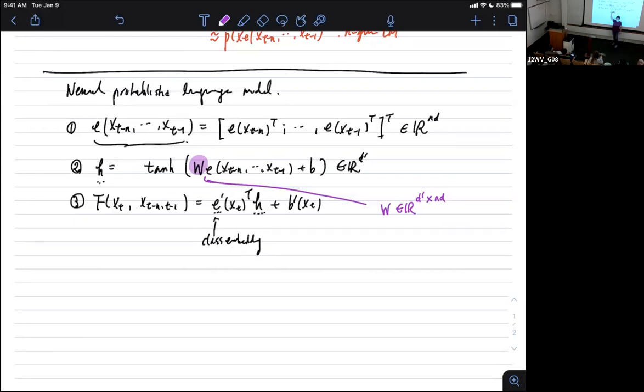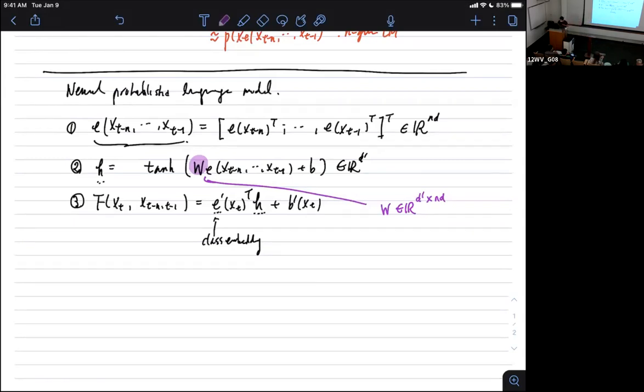What that means is that we're not really saying that there is something shared across the different locations within this input phrase. And that just feels wrong. Intuitively, that just feels wrong.